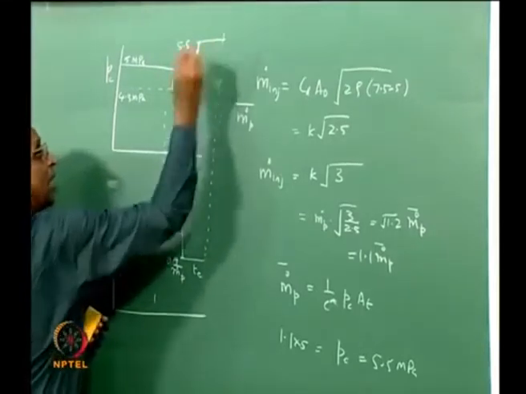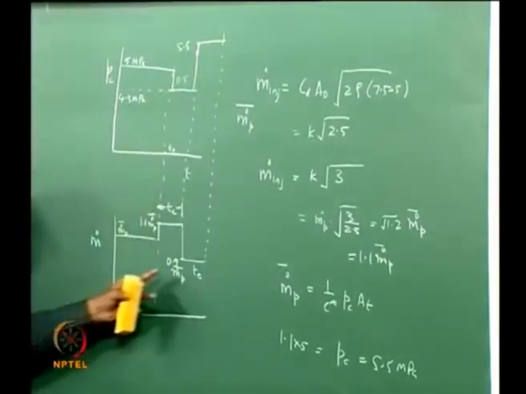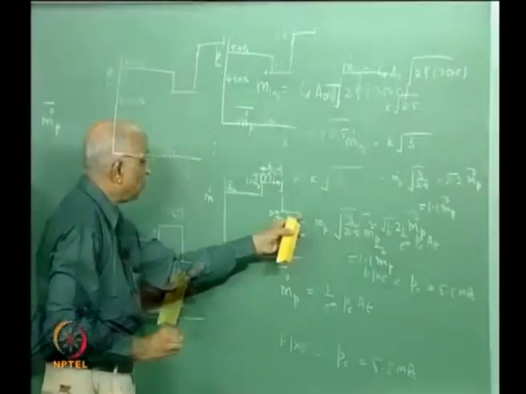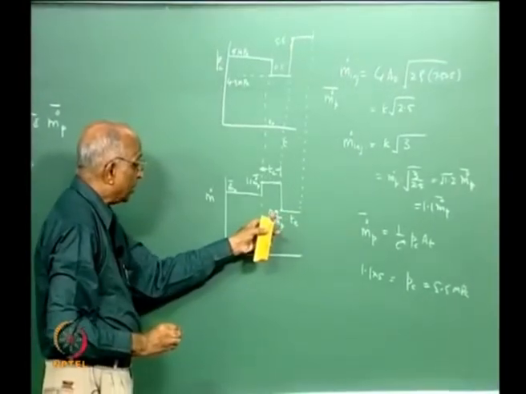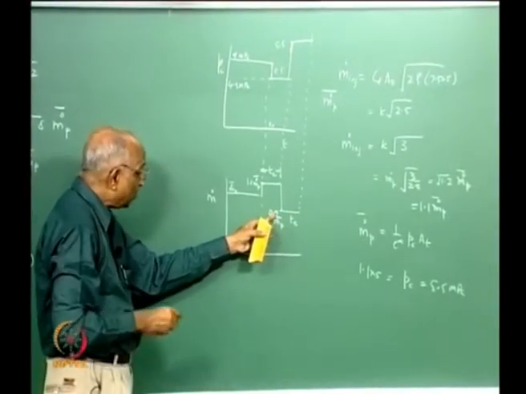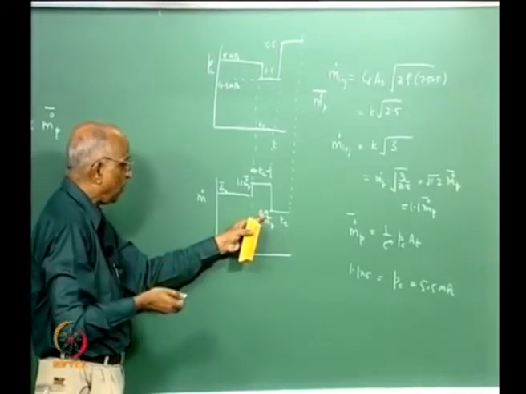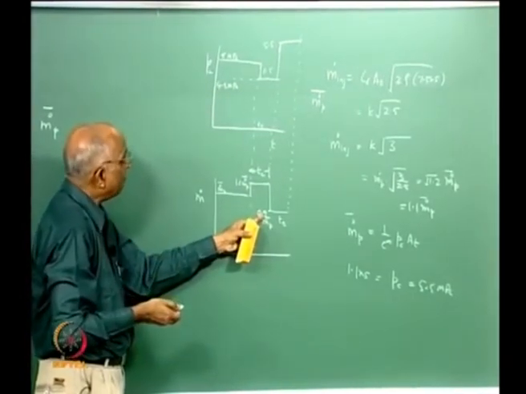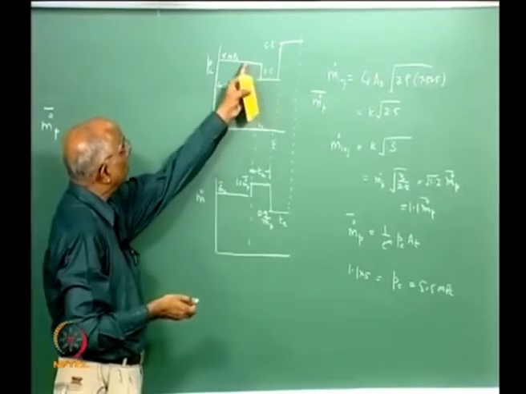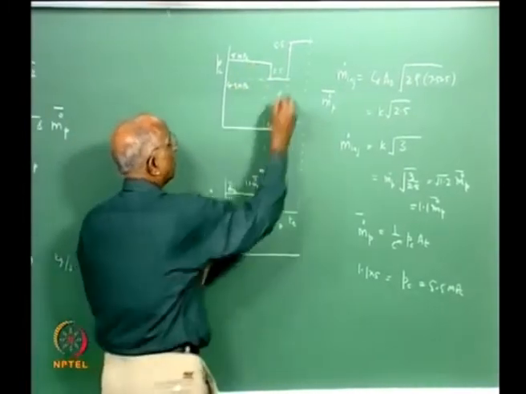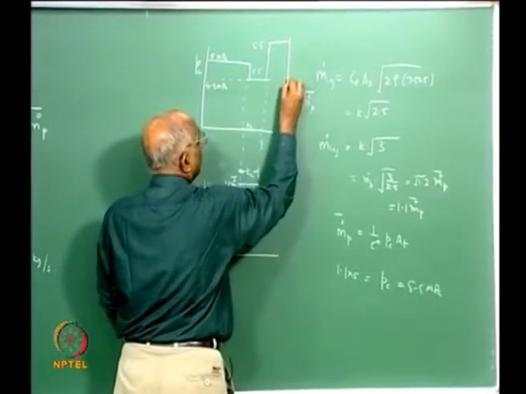Until it burns, nothing really happens. When it burns, the gases formed are 0.9, and 0.9 into 5 will be 4.5, so the chamber pressure drops to 4.5 again.